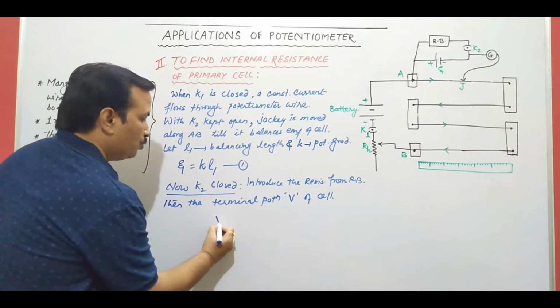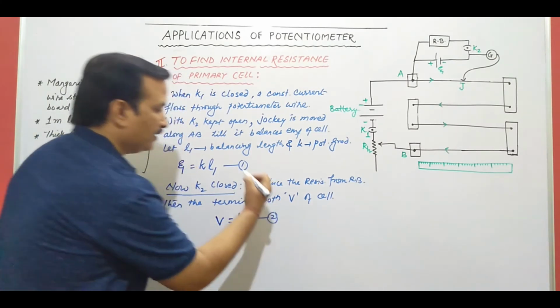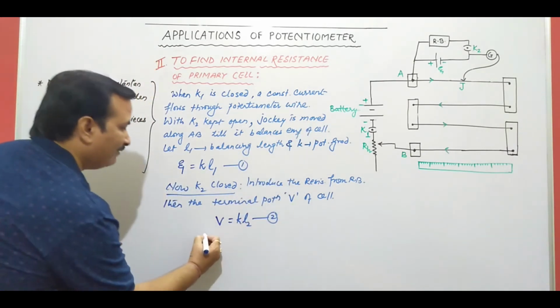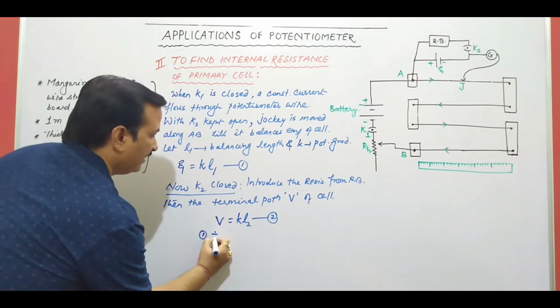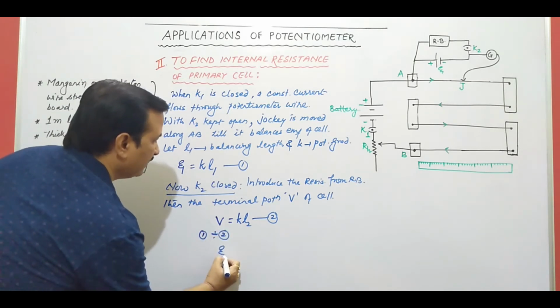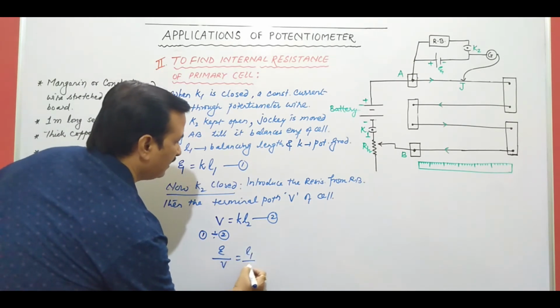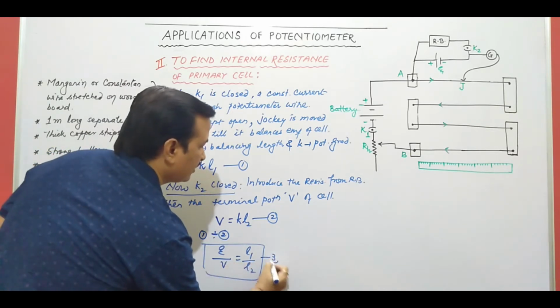Then we can write V equal to K L2, right? Suppose that length is L2. So dividing 1 by 2, we will get E upon V equal to L1 upon L2. This is your third equation.